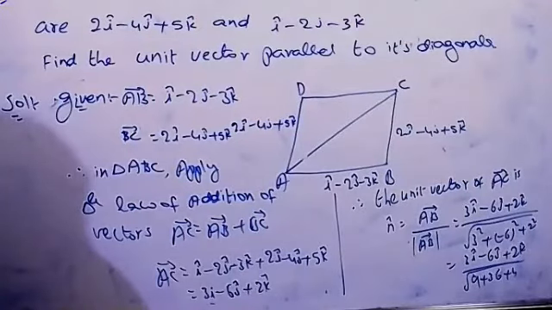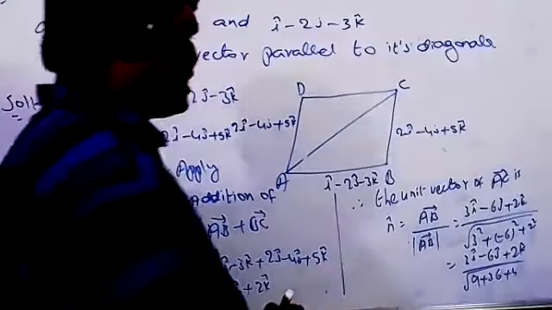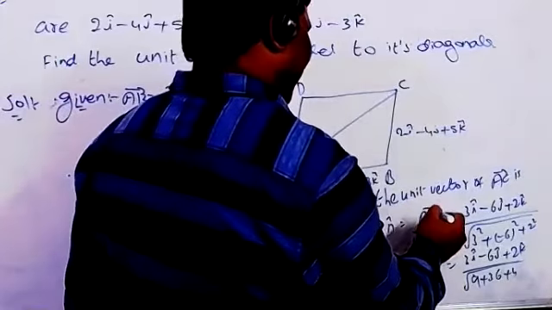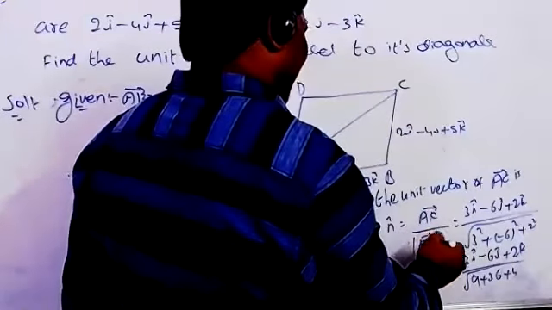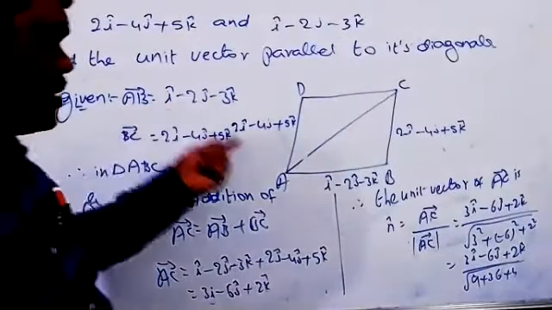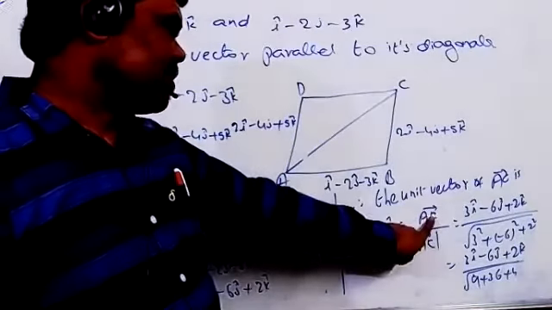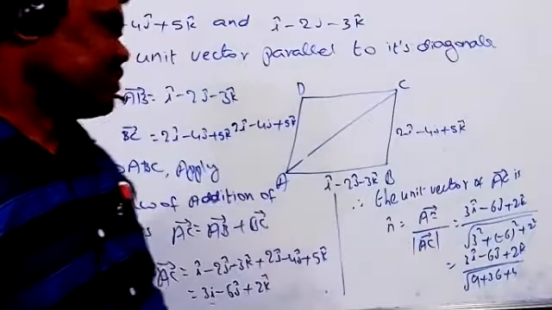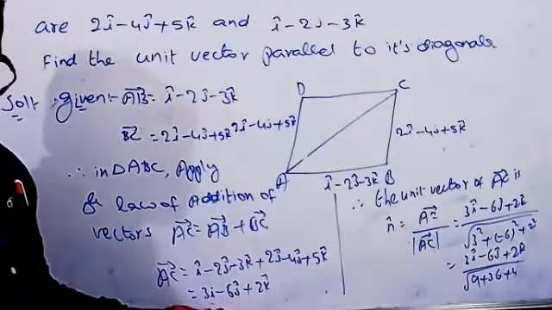Yes, tell me. Sir, if you are finding the unit vector for AC, why have you taken AB there? Where? The unit vector, this is the AC only. Because what is the AB vector here? i minus 2j minus 3k. Okay, by mistake I wrote AB here. This is the AC one, because AC equals what we got.